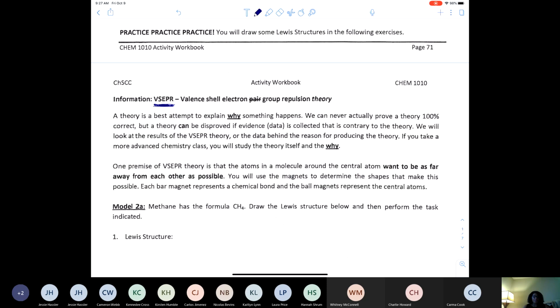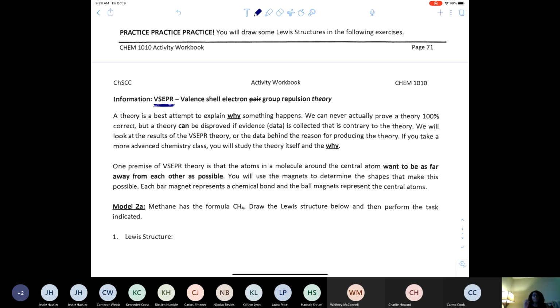So we're going to look at the results of the VSEPR theory, which tells us a good explanation as to why the molecules that we're going to look at today have the Lewis structures that they do, which gives them a particular, what's called molecular shape or molecular geometry.